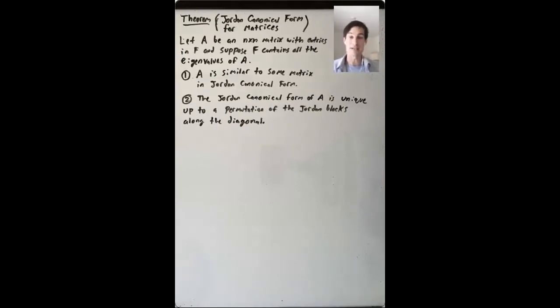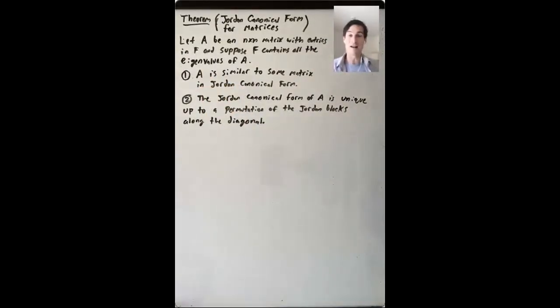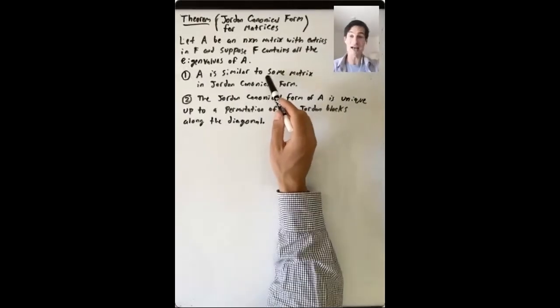So starting from your matrix A, you can let V be an n-dimensional vector space over F. And you can construct a linear transformation from V to itself by choosing a basis B for V and then letting T act on a vector by sending it to this matrix A times the column vector of coordinates of your vector v expressed in that basis B. Then you know that T has a Jordan canonical form, that there exists a basis of V such that the matrix of T with respect to that basis is in Jordan canonical form. That matrix is similar to A.